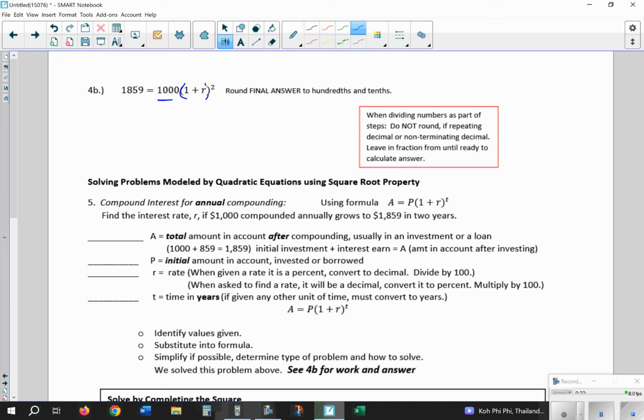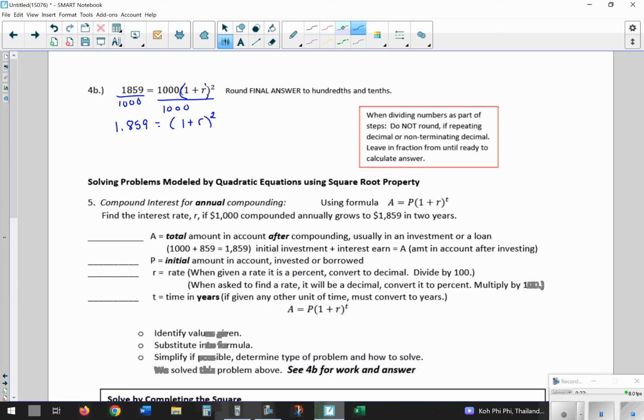I can, however, isolate that set of parentheses by dividing both sides by 1,000. Now, 1,000 goes evenly into 1,859 and gives me 1.859. That was the number we had on the previous page. So we've isolated our quantity squared.